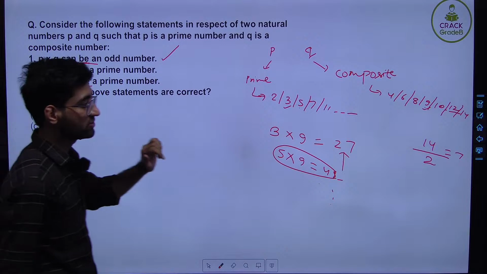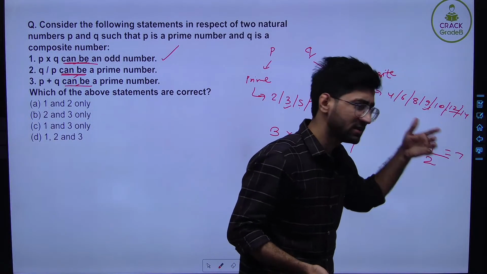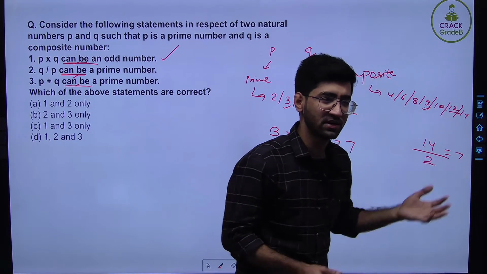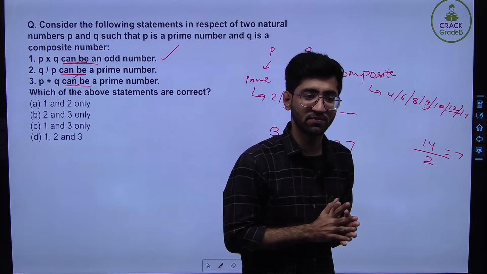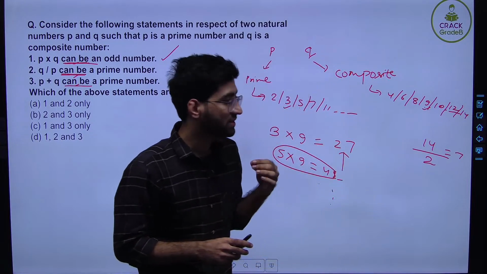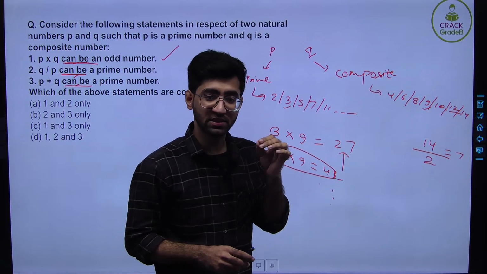Now are you able to see that Q by P can be a prime number? There will be many cases where it will not be a prime number, but you just have to find one example. That's why I have told you in the first lecture to start developing some kind of obsession with numbers.